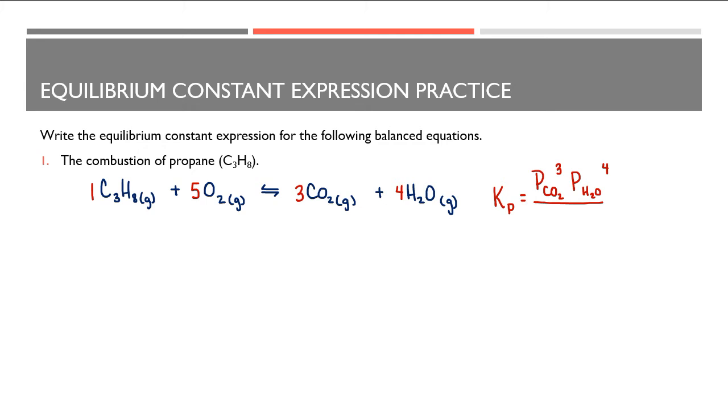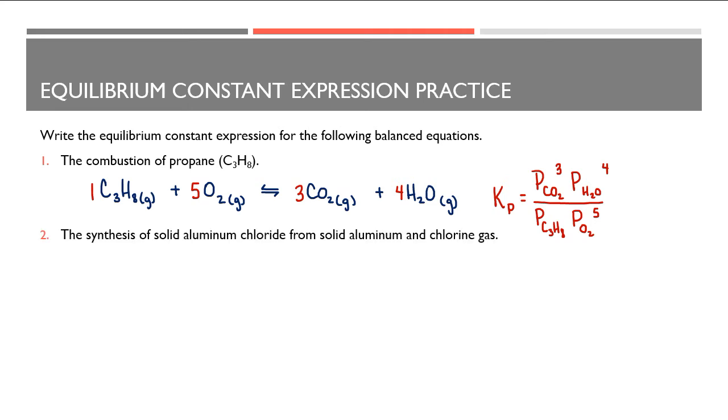The partial pressure times the partial pressure of the water to the 4th power, and then that's all going to be over the partial pressure of the propane to the 1st power because the coefficient is 1, times the partial pressure of the oxygen to the 5th power because the coefficient of oxygen is 5. So this is our equilibrium constant expression.